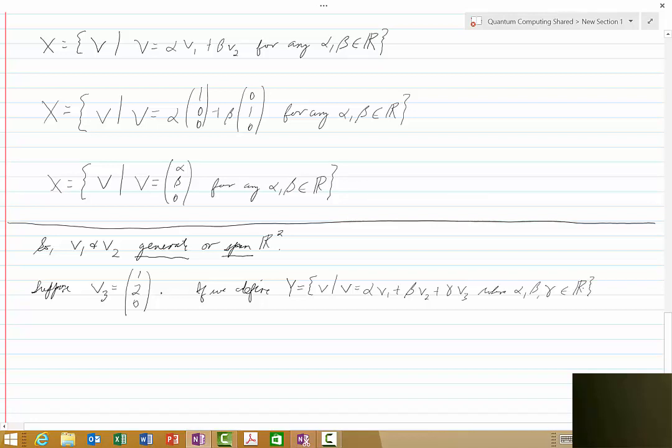If we define y in that way, then what is the relationship between x and y?